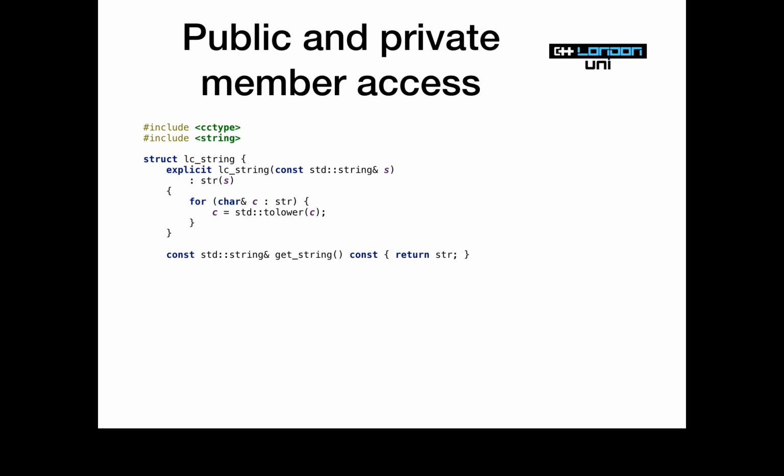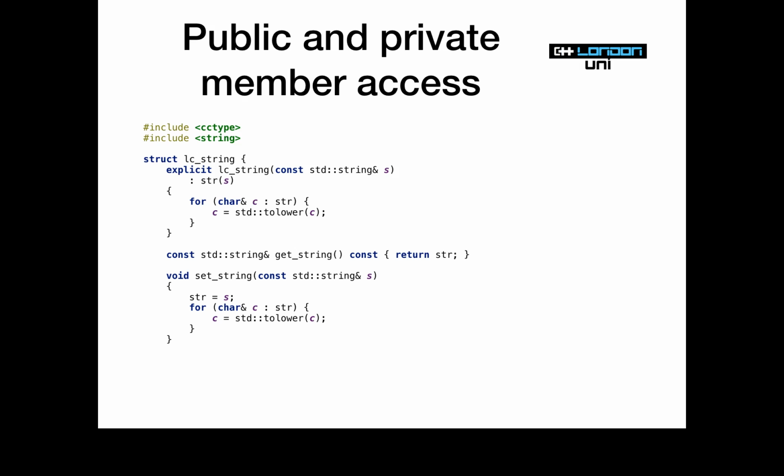I've also written a setString function. We probably want a way to modify our lowercase string. If somebody gives us another string and we want to change it, we've got to do the same thing again.